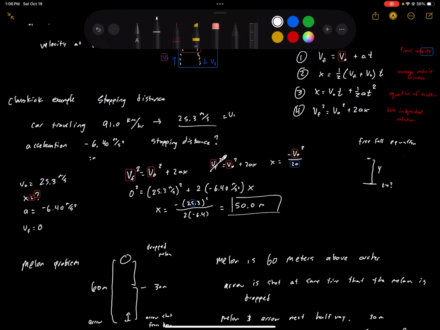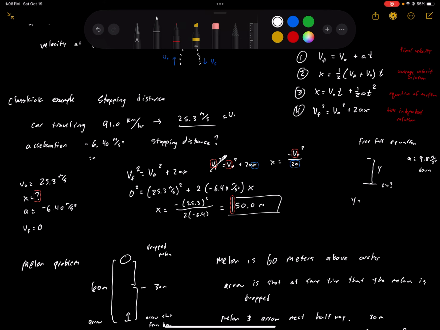We know that the acceleration is 9.8 meters per second squared going down. Let's say this is the displacement y, so the height at which the object falls. So how high up is the object from the ground, and how long does it take to actually fall?